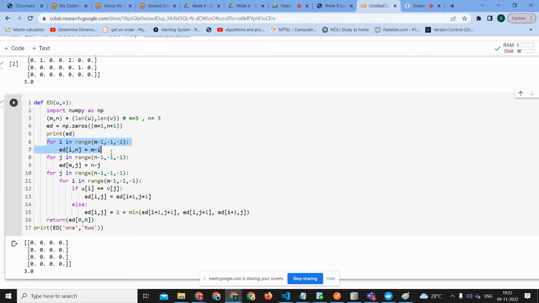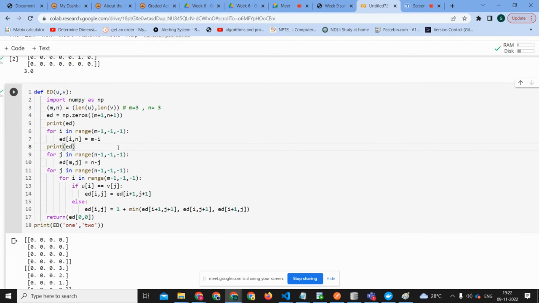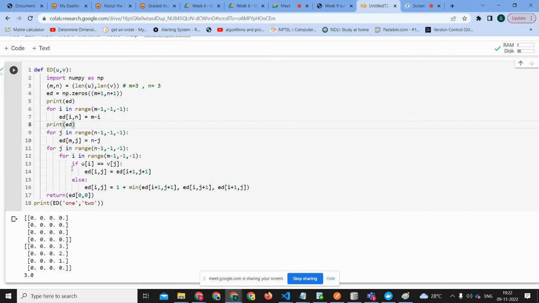So what is happening here? We are iterating over the range combination. I'll try to print this. Print ED. Let's see what is happening. Okay. So for the last row, you're putting 0, 1, 2, 3.